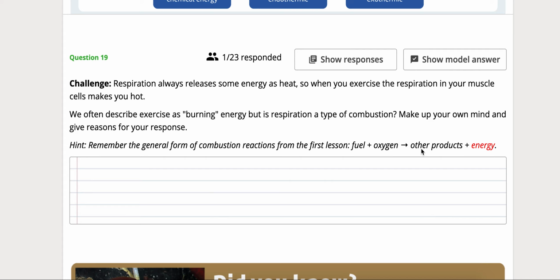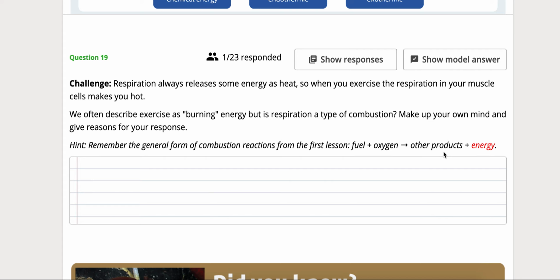So the products in this case, in any case of combustion, is actually carbon dioxide and water. So you might be thinking that it is counterintuitive, considering we associate combustion and burning with fire, and we obviously don't go up in flames when we exercise.